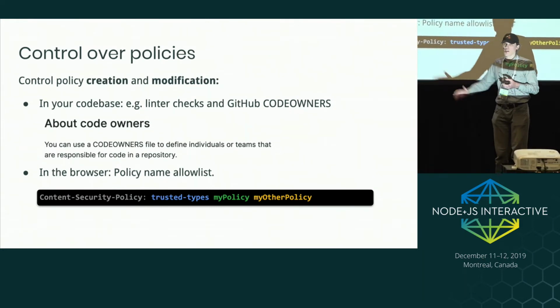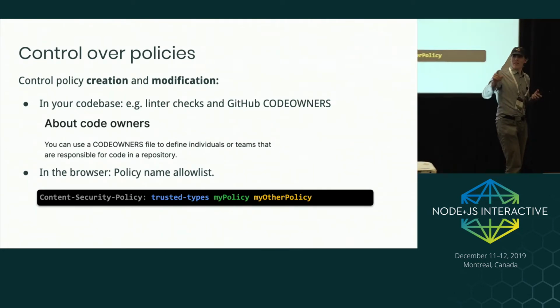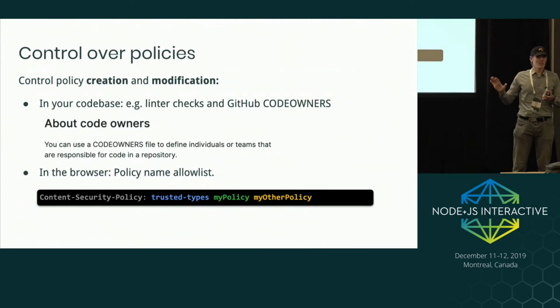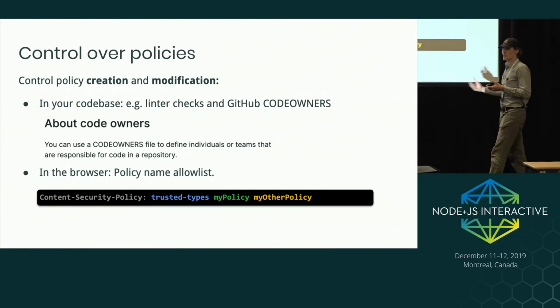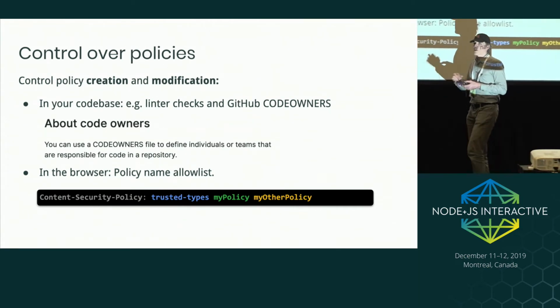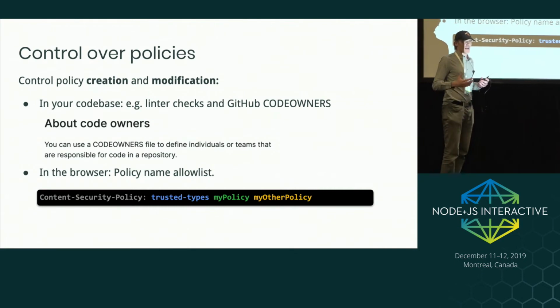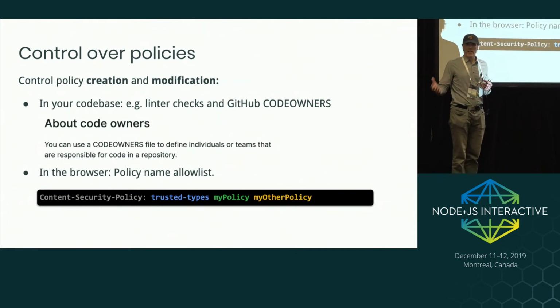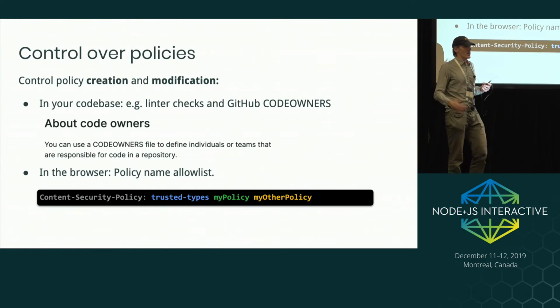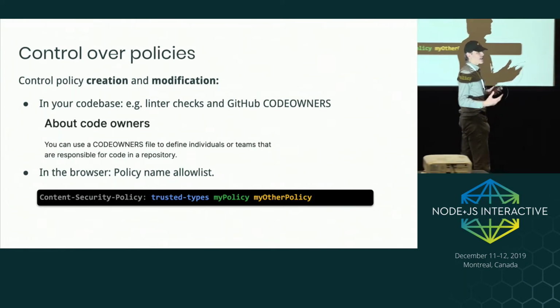So how many people here know about GitHub code owners? Wonderful. I think this is probably the most people I've seen aware of that particular feature ever. Code owners is an underrated feature of GitHub, and what it allows you to do is loop in experts when certain files change. You define a file that has a format kind of like .gitignore.